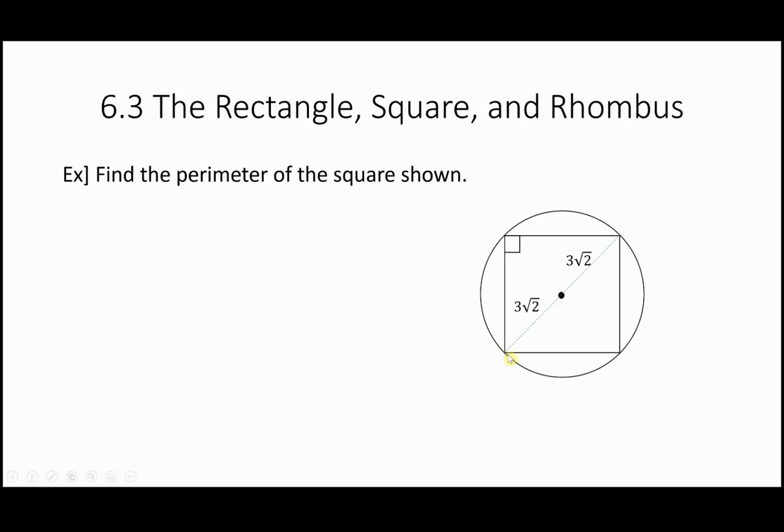And then also notice that as you continue this dashed blue line all the way across from one vertex to the non-adjacent vertex, you're creating a diagonal for the square. And what is the collective distance of this diagonal? Well, half of it is 3 root 2, the other half is another 3 root 2. Add them all together and it's 6 root 2, right? Okay, so we have the diagonal of the square having a length of 6 root 2.